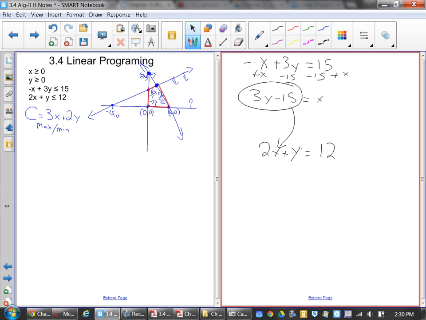It's very easy to use substitution when you have one of the variables already with a coefficient of 1. Okay? This is a whole bunch of review of Algebra 1 here, guys. So you have 2 times 3y minus 15 plus y is 12. Distribute, combine like terms, you should get 7y minus 30.